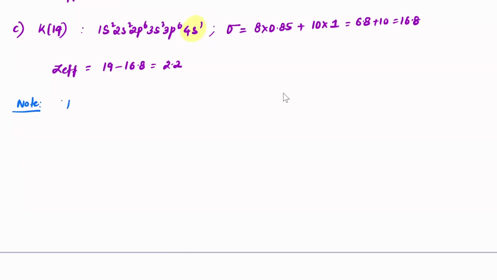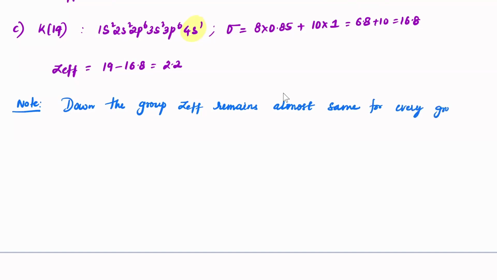Down the group, Z effective remains almost the same for every group element.